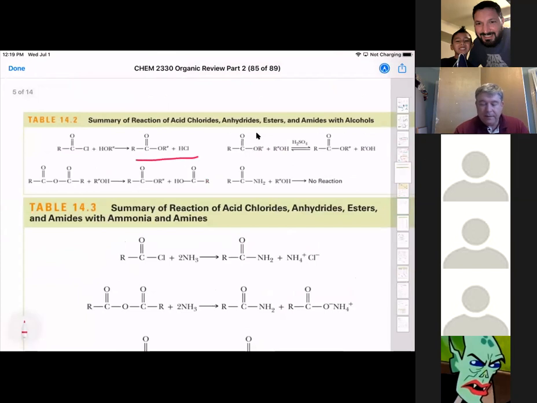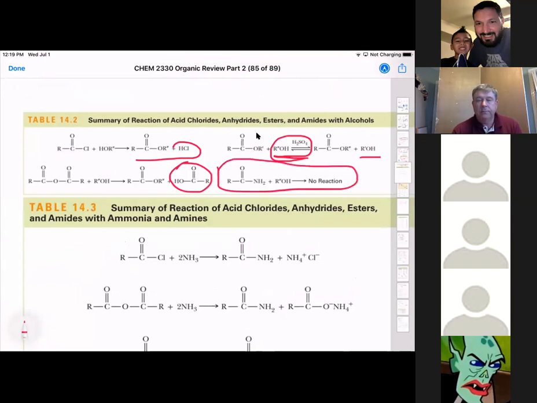In the case here, it's HCl. In the case here, it's the carboxylate or the carboxylic acid. We can exchange them using our transesterification with another alcohol right here, but the amides don't react with alcohols, okay?